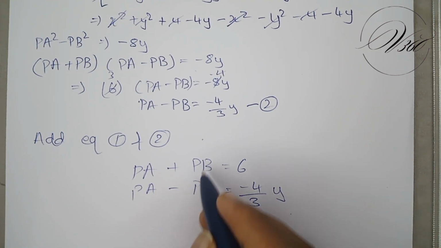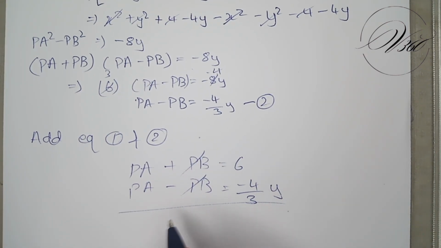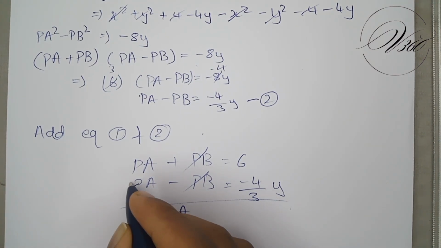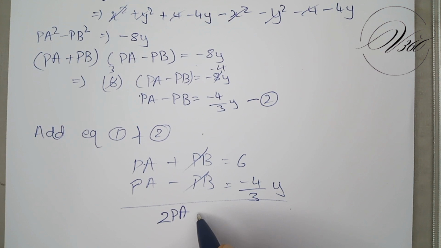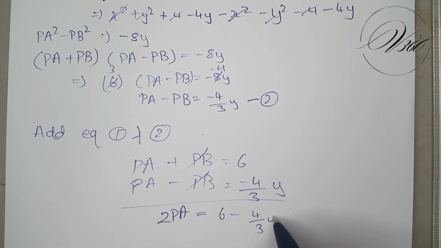Okay. Here PB gets cancelled. Now here we'll get 2 PA. Ink is almost done. 2 PA. Now here we will get nothing but 6 minus 4 by 3y.